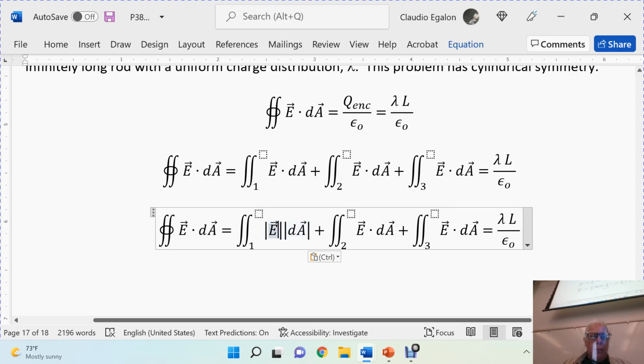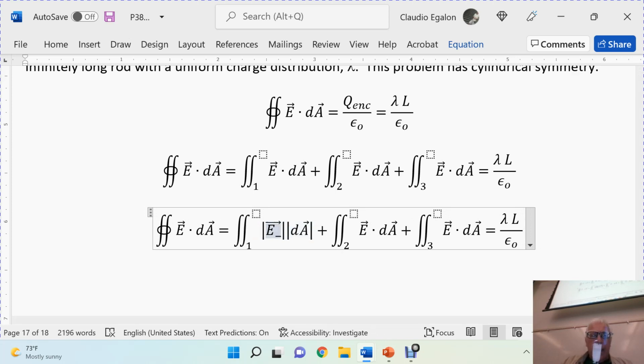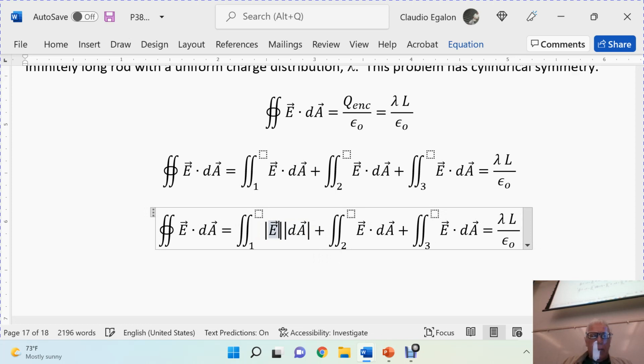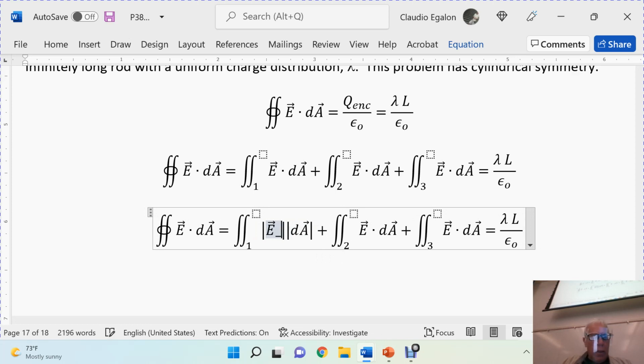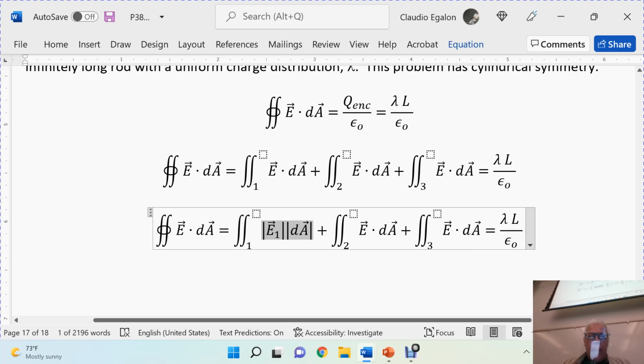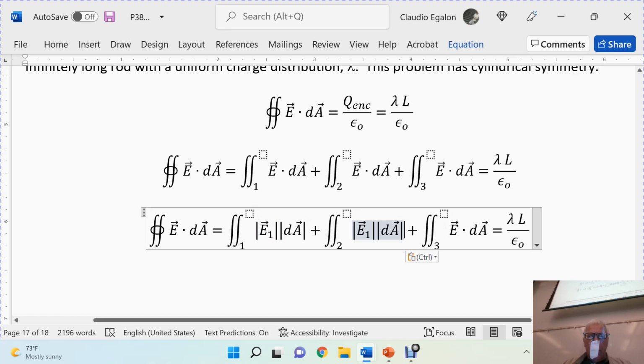And I'm going to emphasize that this is the electric field at the surface 1. I'm going to emphasize that. We do the same for the other two, but I emphasize that we are talking about the electric field at the surface 2, the electric field at the surface 3.